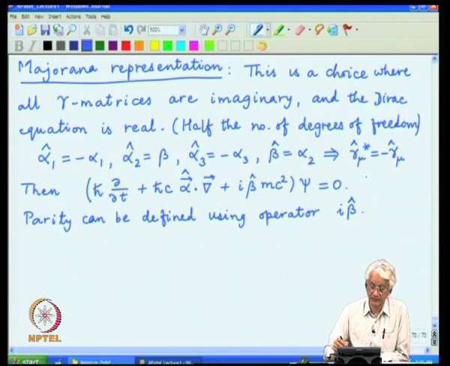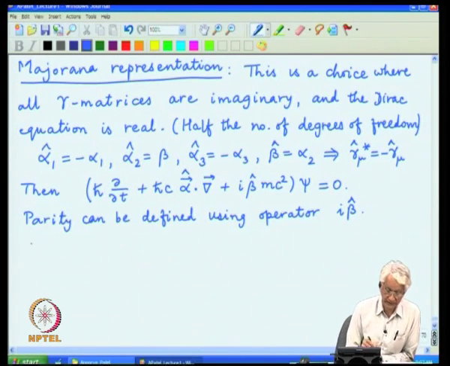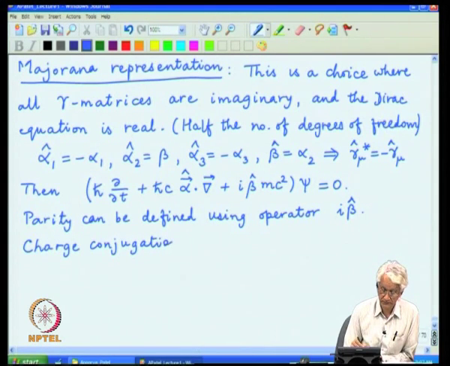But for the charge conjugation operation, the relation was a transformation which converted gamma mu star to minus gamma mu, but that operation is already true for the gamma matrices in the Majorana basis. So, the transformation is essentially nothing but identity in the spinor space, and the charge conjugation operation then is that psi c is equal to psi star.